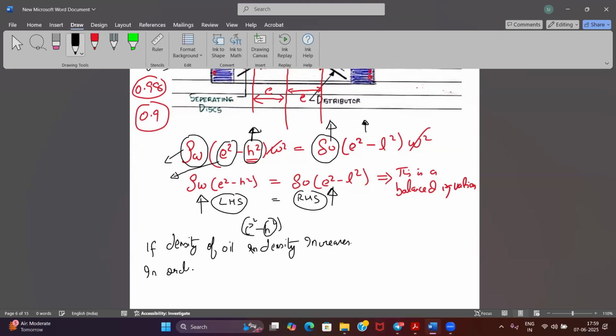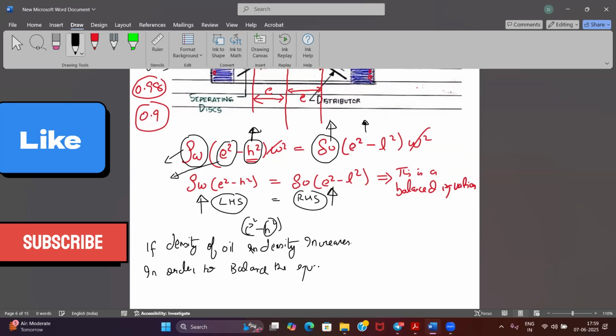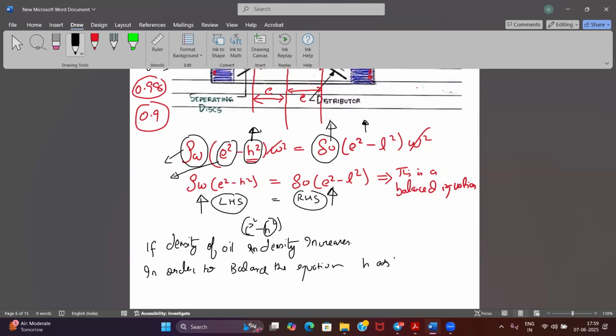The density of oil increases. In order to balance the equation, h has to be reduced. Agreed? This much mathematics. Is there any particular name of this equation?